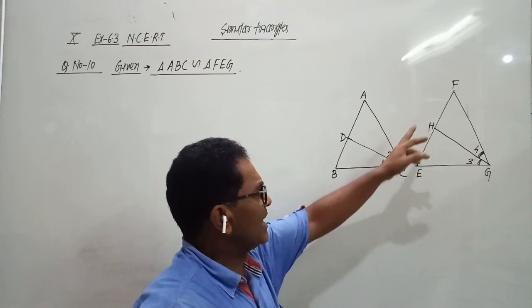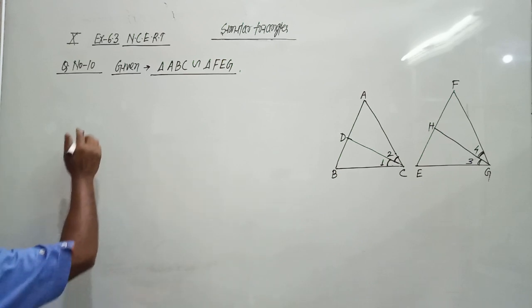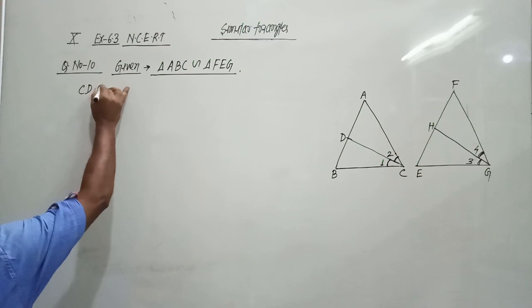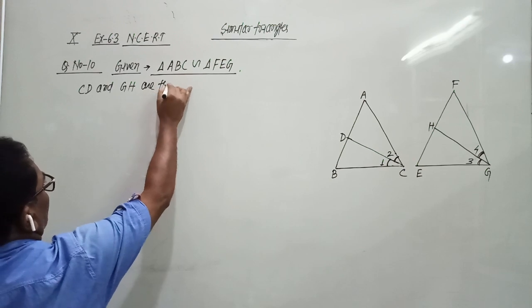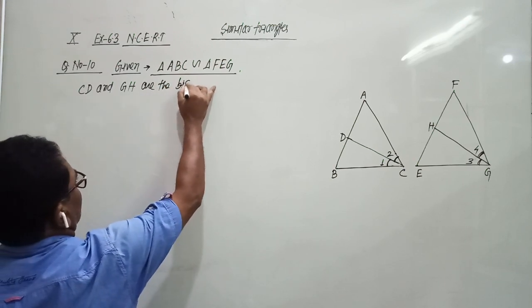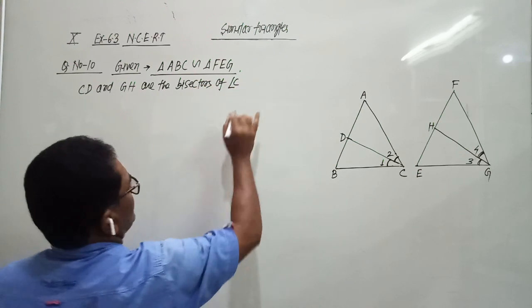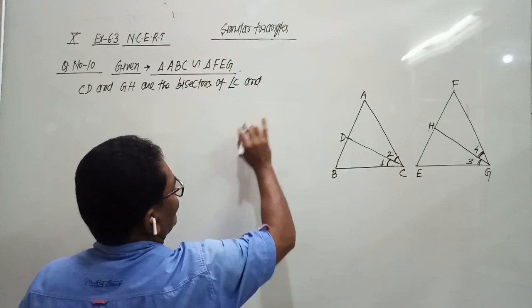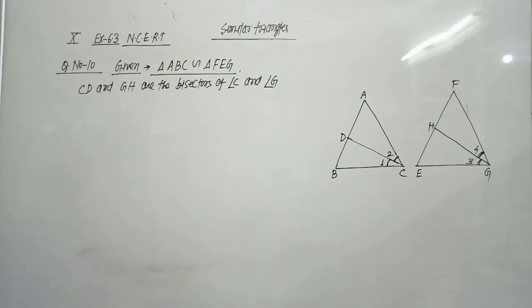CD and GH are the bisectors of angles C and G.